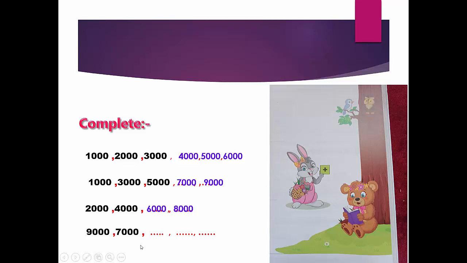Before 6, 5. I will write 5. Before 5, 4, I will drop it. Before 4, 3, I will write 3. Before 3, 2, drop it here, teacher. Before 2, 1,000, okay?